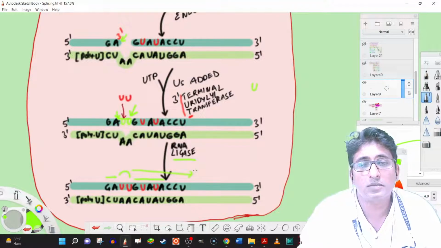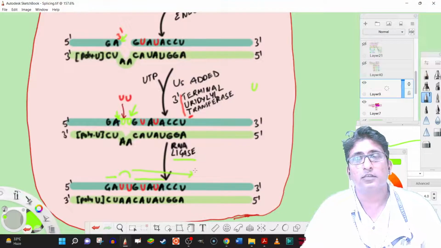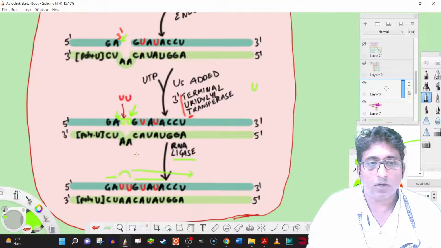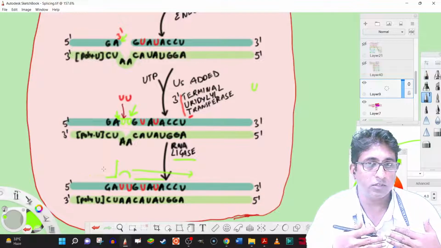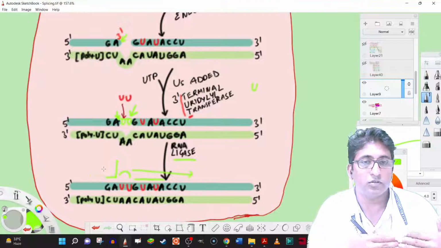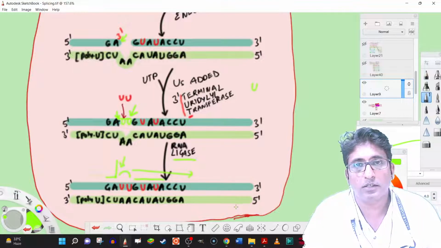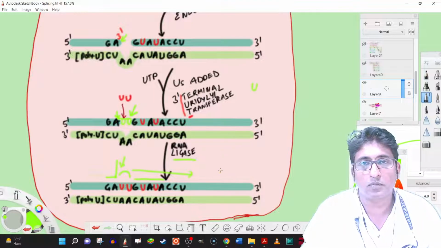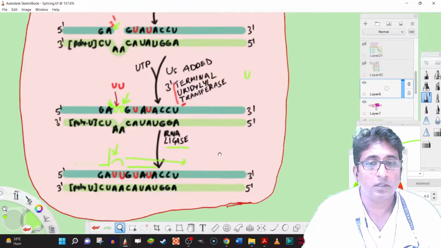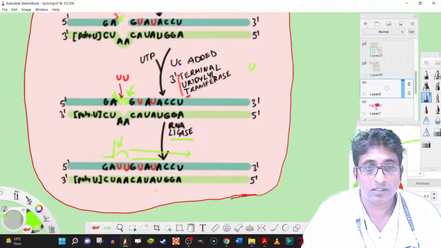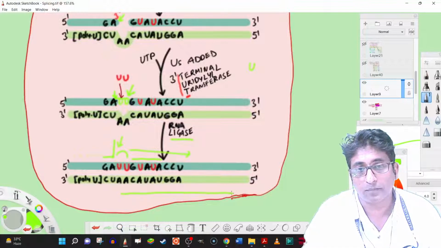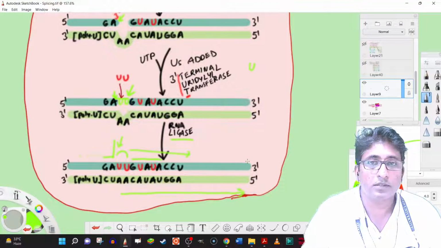It is something similar to what would happen in a frame shift mutation. So until here, the protein could probably be coded with amino acid residues accordingly. But upon addition of these uridines, the whole reading frame has changed, and the protein that is going to be produced will, of course, be different, at least from the site of the addition of these bases.